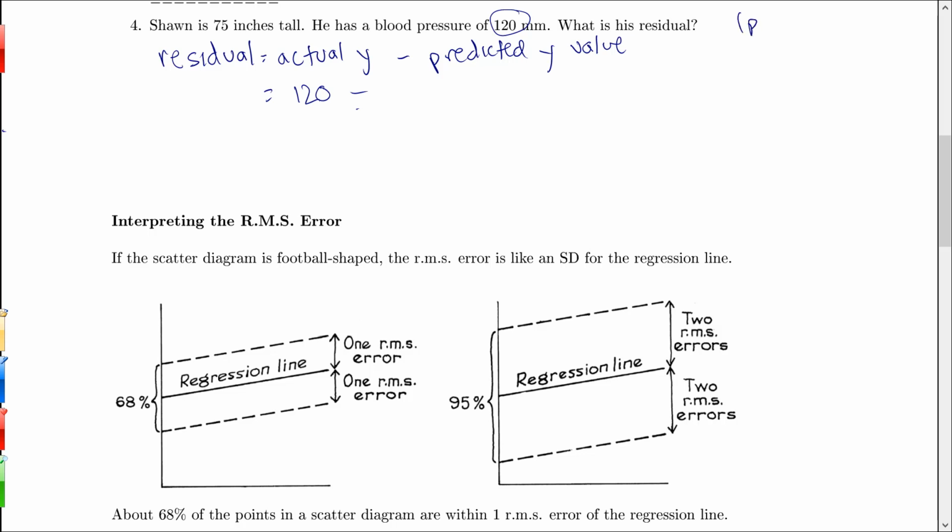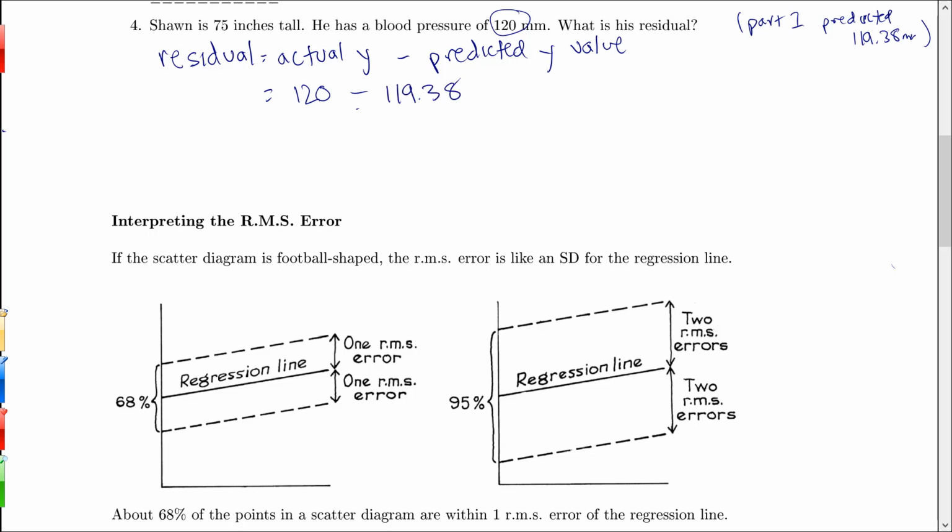So in part 1, we predicted that for someone his height, we would have 119.38 mm. Okay, so that's our predicted value for anyone who's 75 inches tall. So Sean would fall into that category.